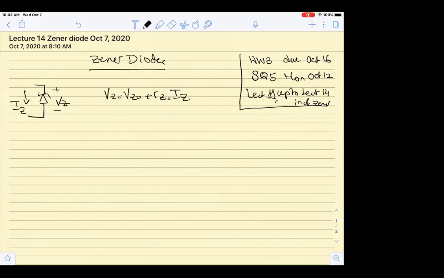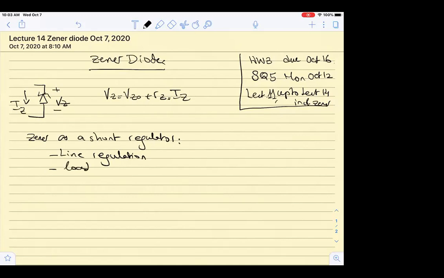Okay, and we also said last time that the Zener can be used as a shunt regulator, and that it can serve two purposes. One purpose is line regulation. Now we will draw it and understand what line regulation means, and the second purpose is to do load regulation.